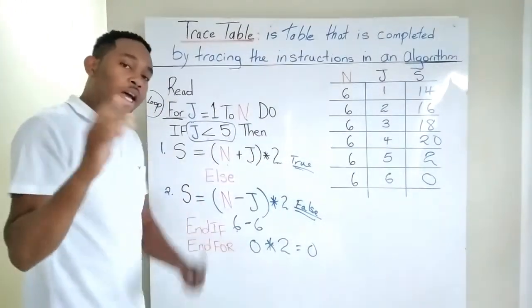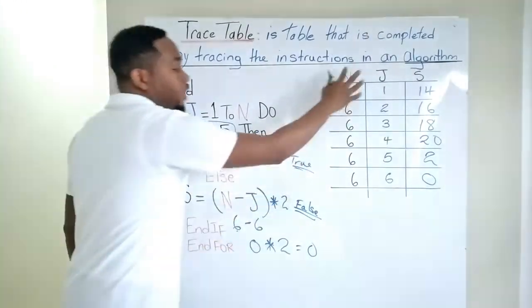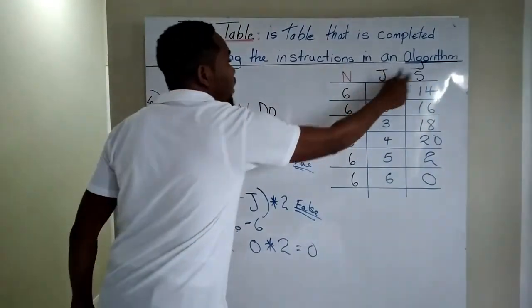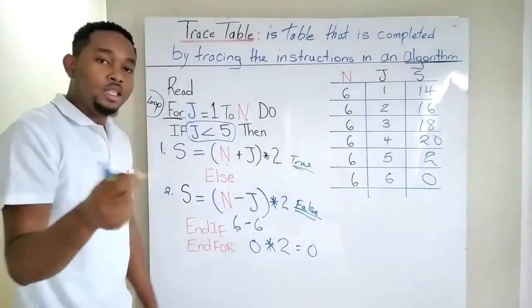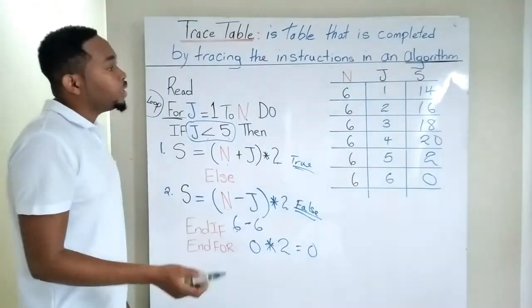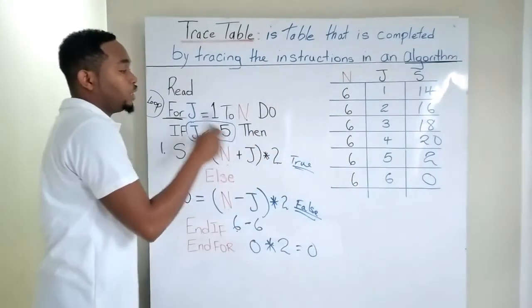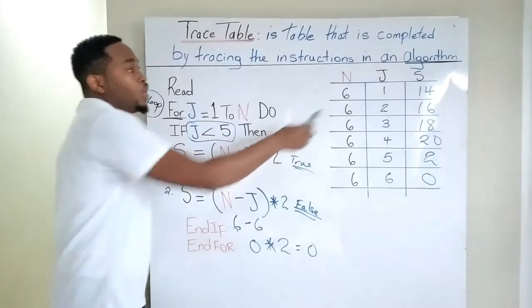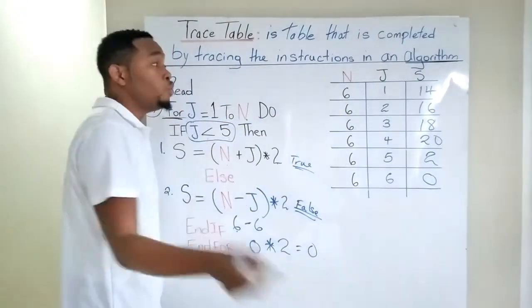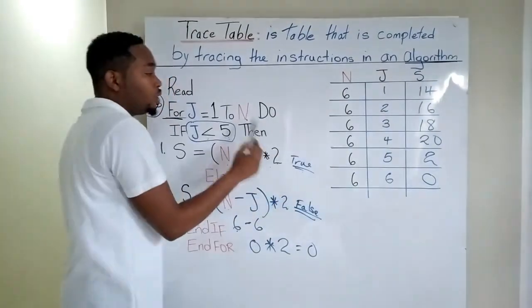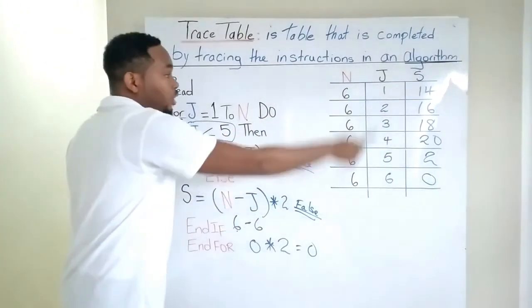So that's how you would complete your trace table. For us to design this trace table, we first ensure that these letters represent the variables that are going to change. If we identify the variable n, it will remain a constant value here, and j will change.